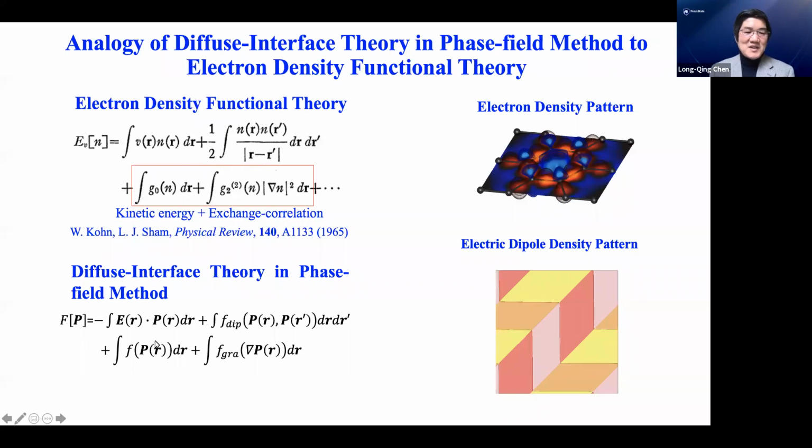So you have this interaction term, which is mostly from the external field. And the second term represents more like a dipole-dipole interaction inside the crystal. And then we have a local term, which only depends on the local polarization. We have an exchange term. So this local term we call the bulk free energy contribution, and we have the gradient energy contribution. So there's almost a one-to-one correspondence.